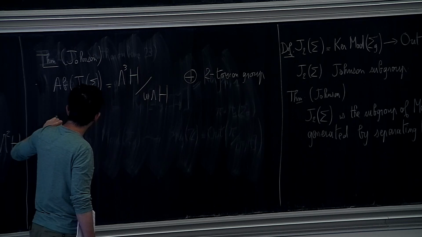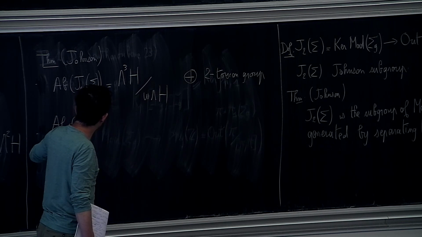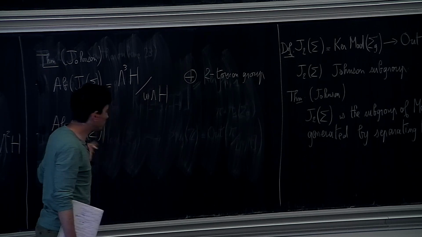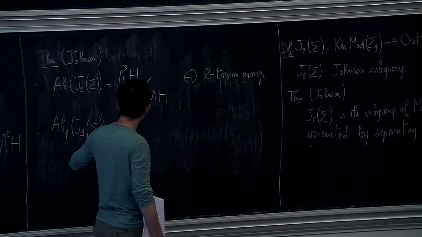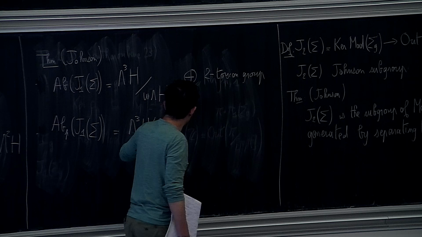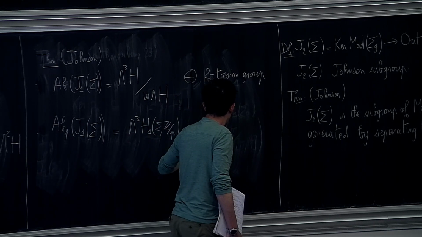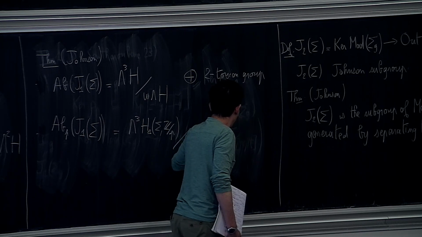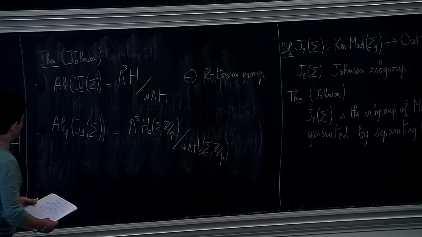So you get that the abelianization mod P of J1, so I'm taking P at least 5, so it will kill the 2-torsion part, and I'm getting lambda 3 of H1 with coefficient Z_P, mod out by omega wedge H1 with coefficient Z_P.